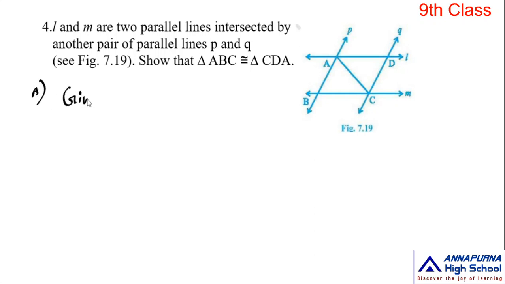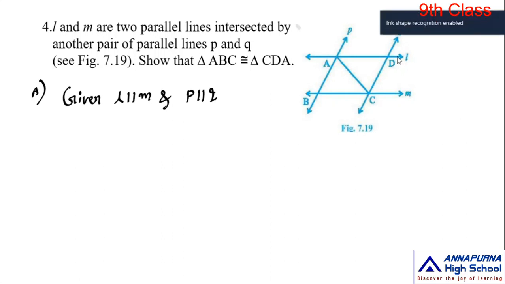Given: L is parallel to M and P is parallel to Q. See the figure. L and M are two parallel lines, P is the transversal and Q is another transversal. So mark some angles in this figure.